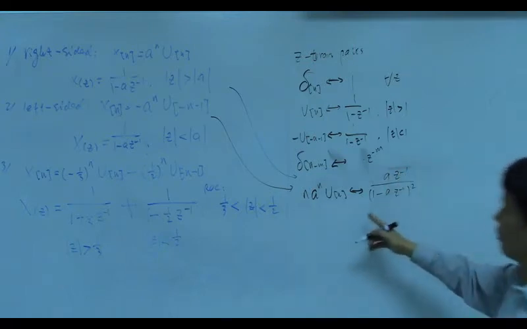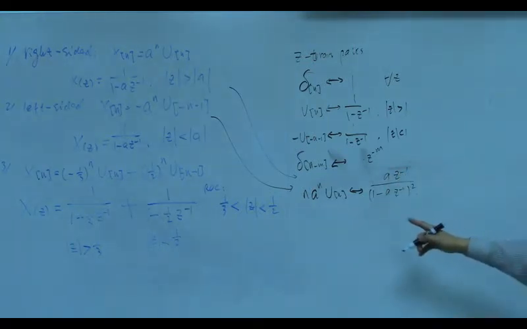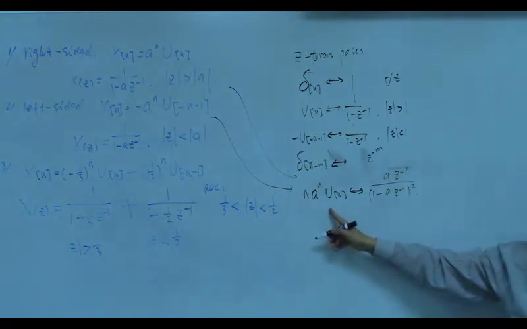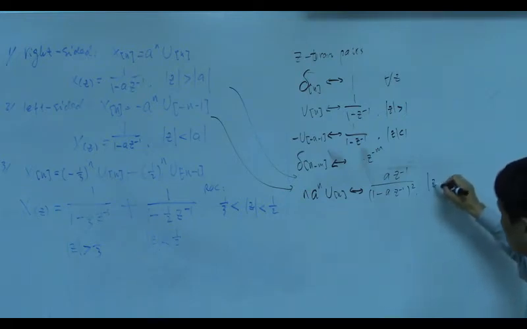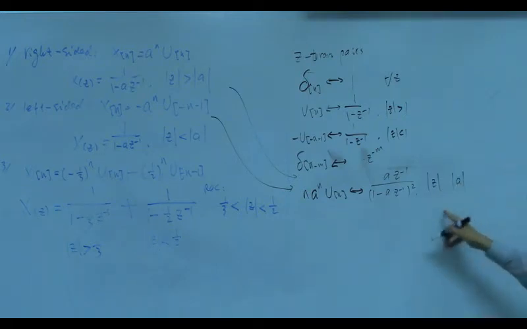And the region of convergence, can you specify the region of convergence for this one? Look at this one. This is a right-sided signal. I'll give you a hint: it's z something to the a. So what is the region of convergence?